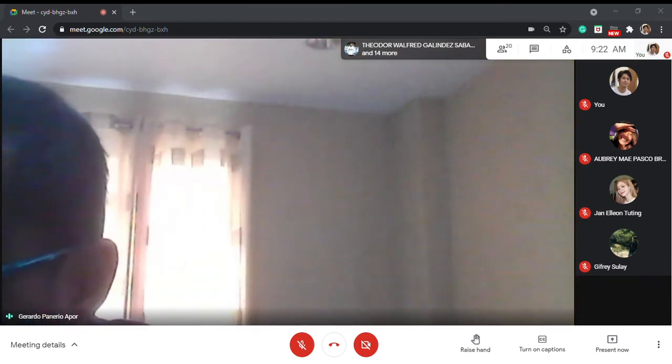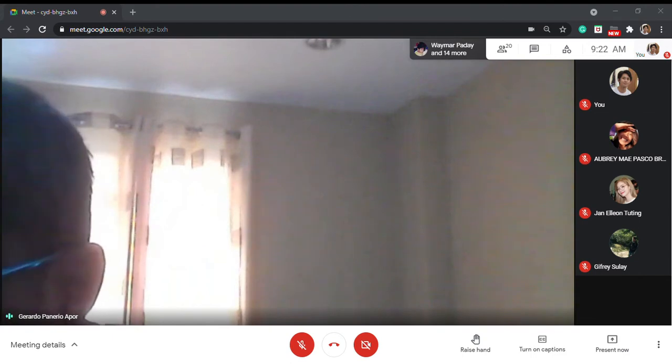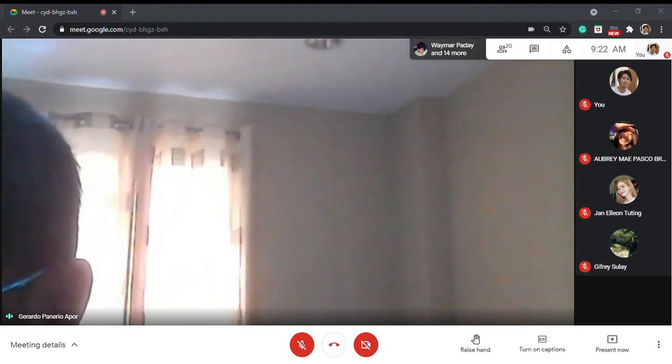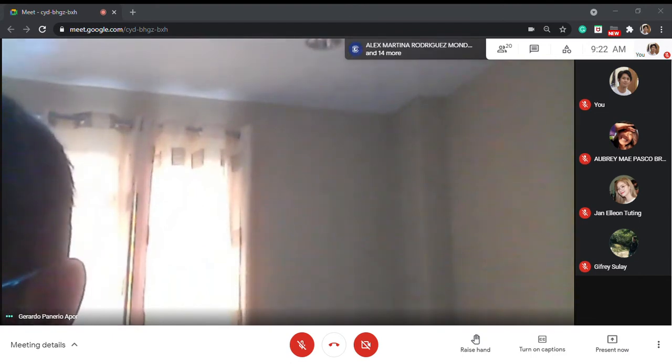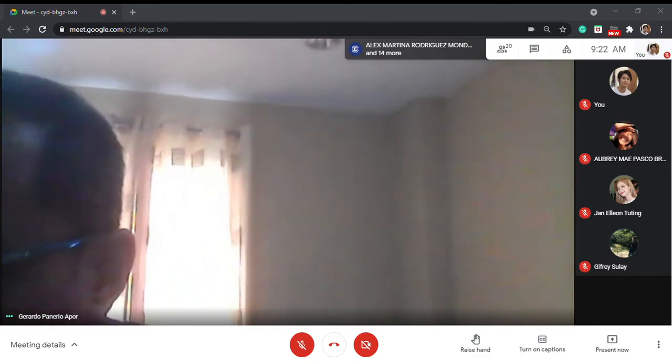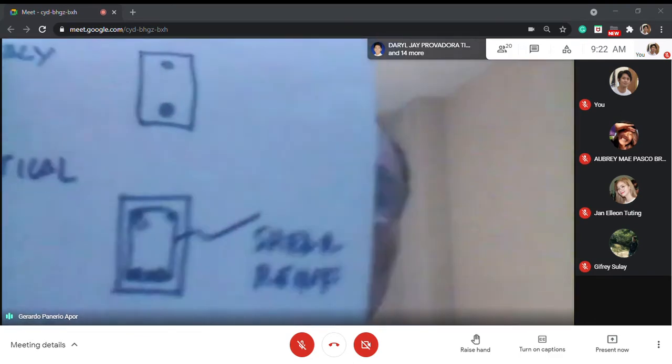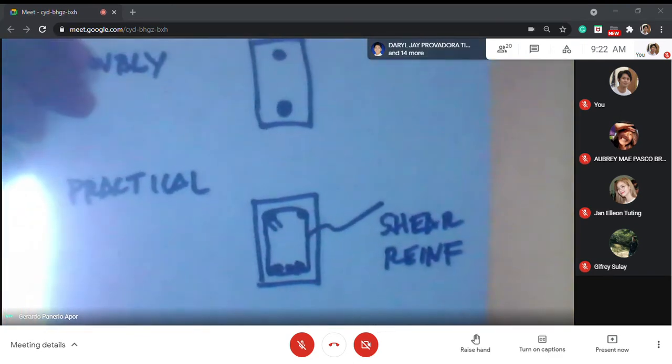So, again, the ring is provided there. What we call this ring, using the generic term, is shear reinforcement. That is what it is called, shear reinforcement.